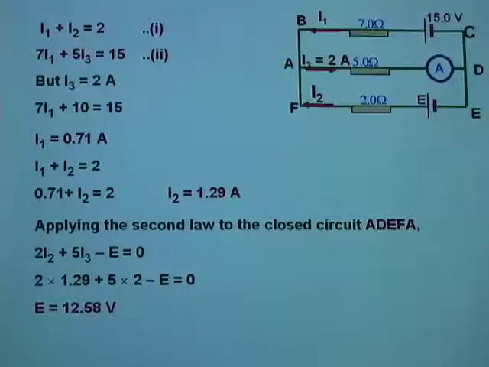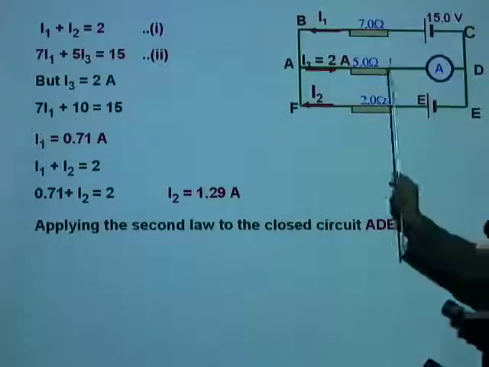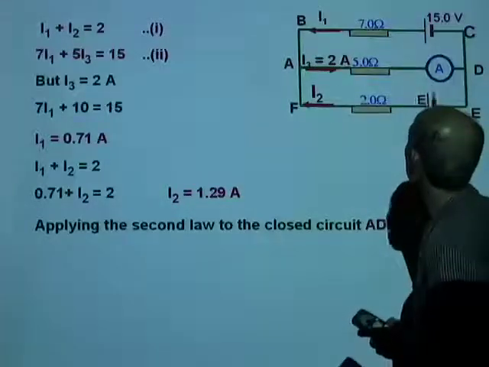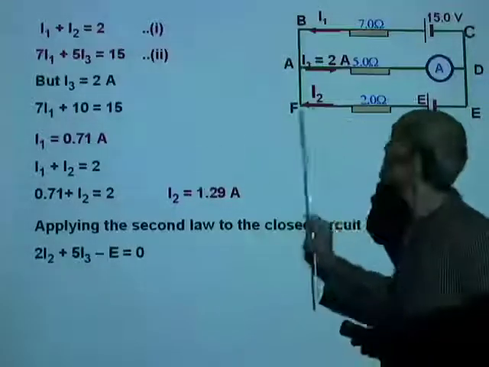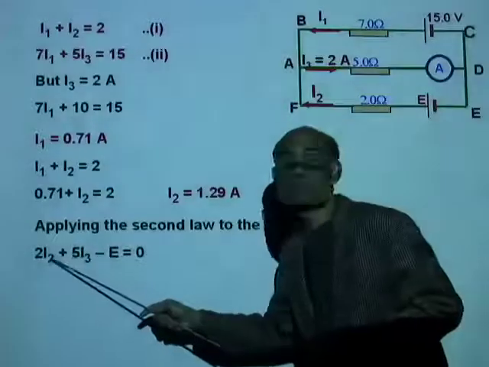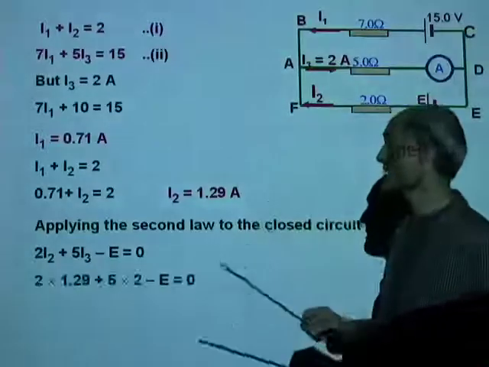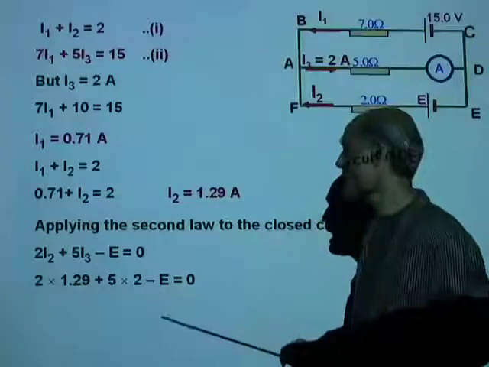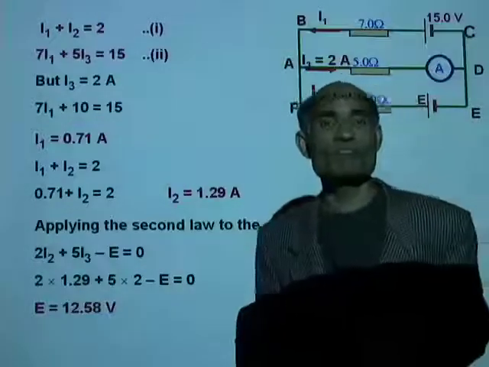Therefore, the potential drop across the cell is negative. Alright, so we can write 5I3 plus 2I2 minus E equal to 0. That is the equation from that loop. And we know I2 and I3, therefore we can calculate E. Using the value of I2 and I3, we get E equal to 12.58 volt.